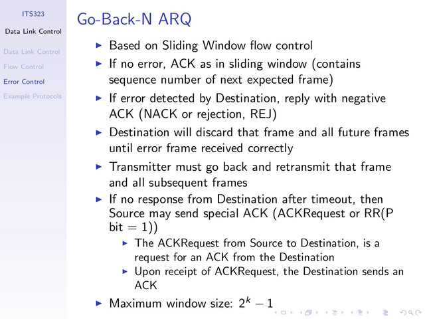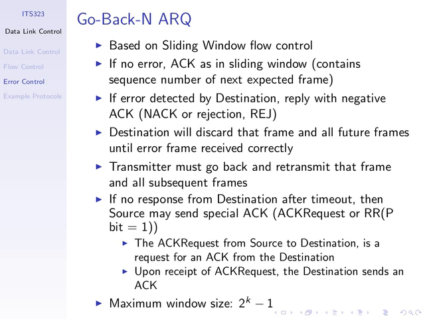In go back N, once the destination detects an error, it will discard the frame that had an error, and all future frames that it receives up until that retransmitted frame is received. Remember, with sliding window, we can send multiple frames, a window size of frames.